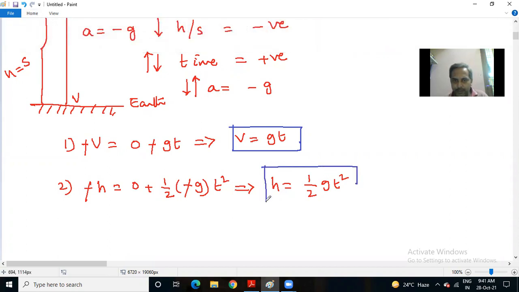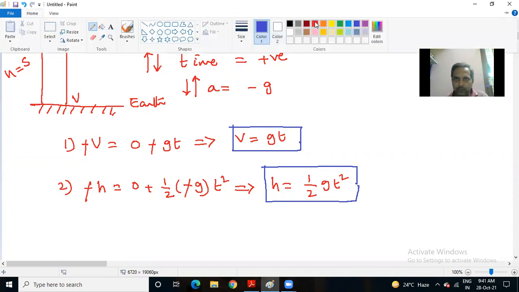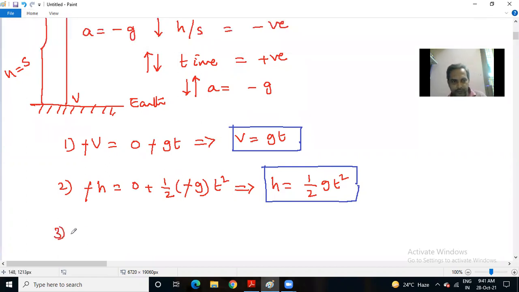So there will be numerical on this. We'll take up separately. Now moving to how third equation of motion, V square minus U square equal to 2AS, will get turned. So V square minus U square, U is 0, 2, while coming downwards, A is assumed to be taken as minus g.